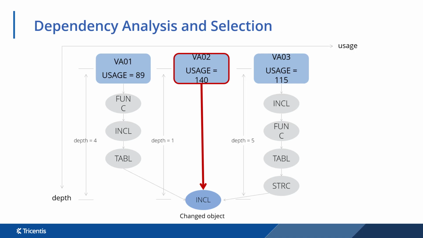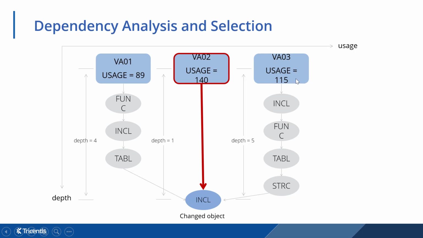In this case, we have an include down here at the bottom that's being changed by a transport. And you can see the dependency chain to get down to that changing object. When we think about most at risk, how do we determine what those most at risk objects are? One of the things that we look at is this dependency chain. We take these executables that we're using on our system, and for VA01, we have to go through 4 levels to get down to that changing object from the transport.